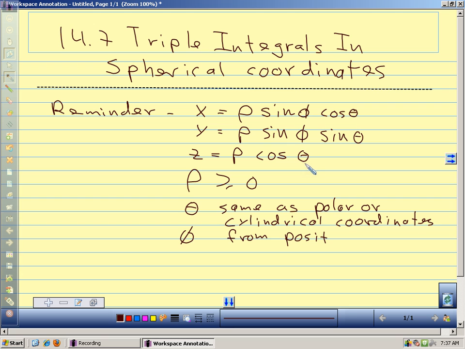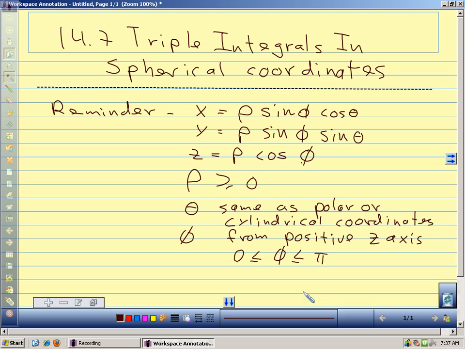And I realize this should not be cosine theta, this should be cosine phi. Positive z-axis. And phi is between 0 and pi. So those are our conversions for spherical coordinates.